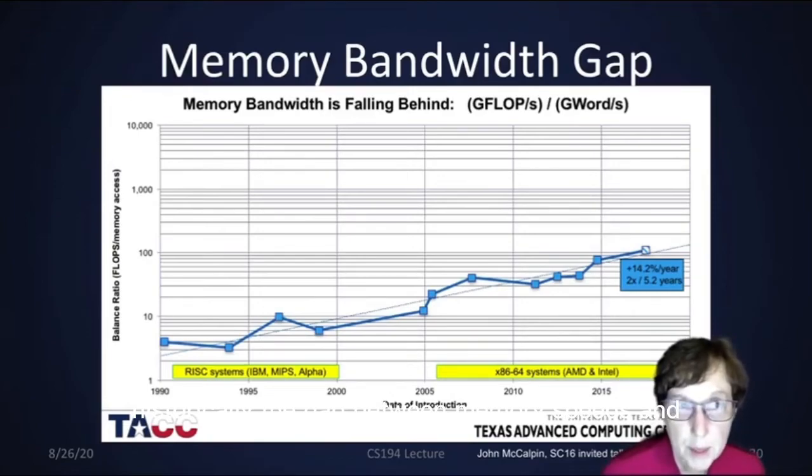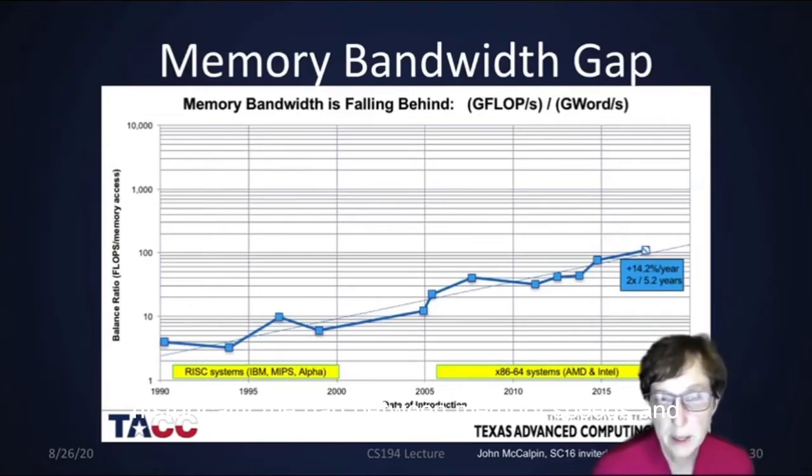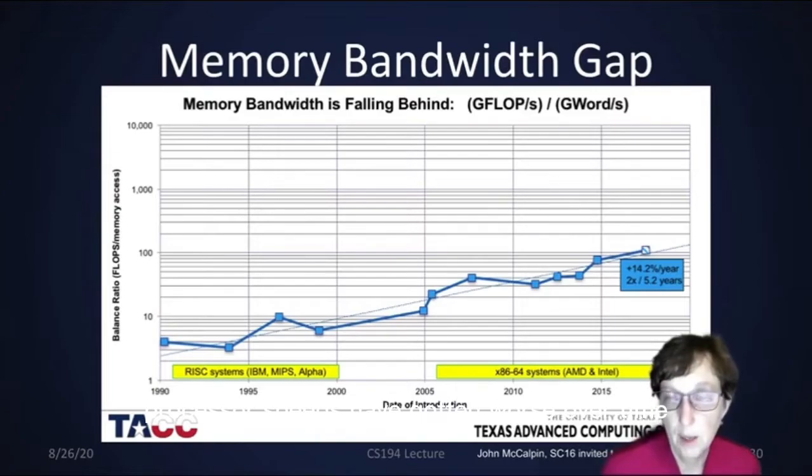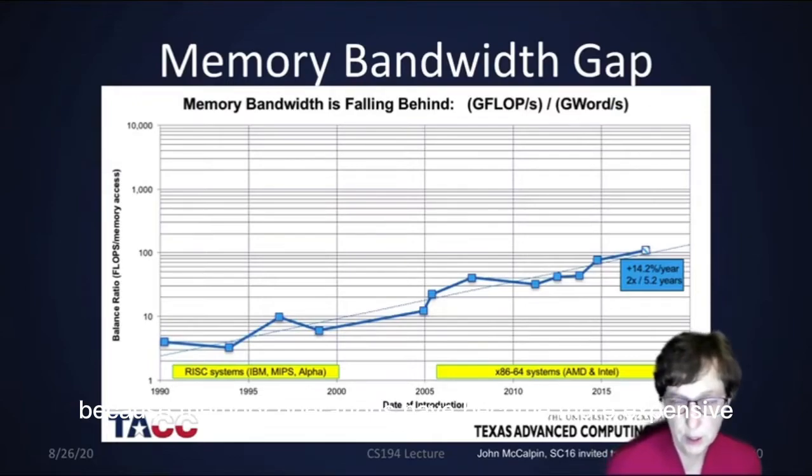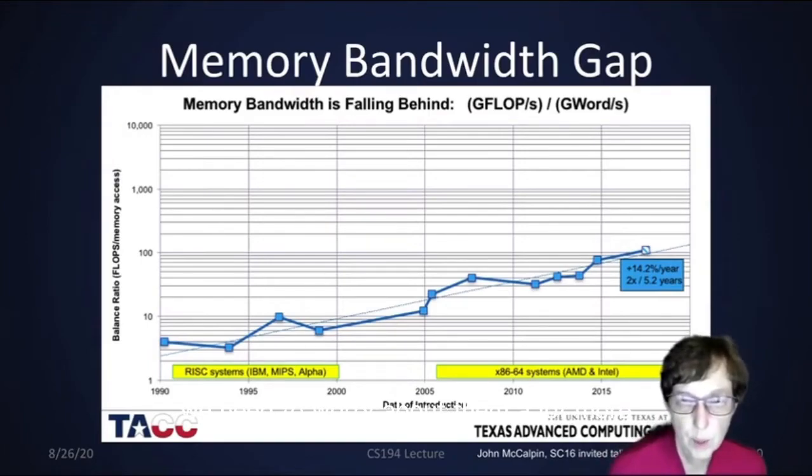Historically, the gap between memory speeds and processor speeds has gotten worse over time. It used to be that arithmetic operations were expensive relative to other things, or at least comparable in cost. Now, because memory operations have become more expensive over time relative to the arithmetic operations on the processor, we need to worry about them a lot more.